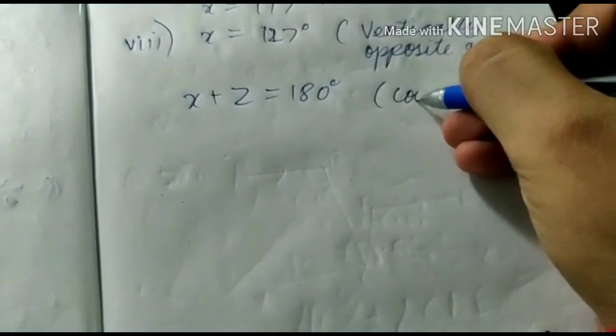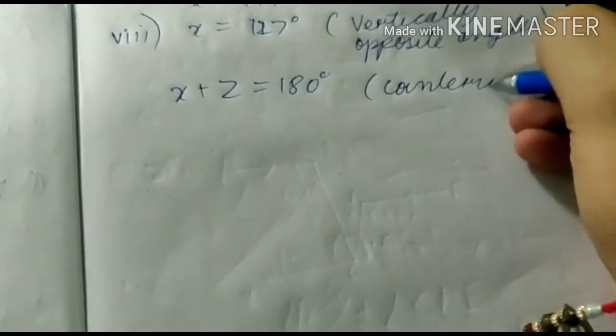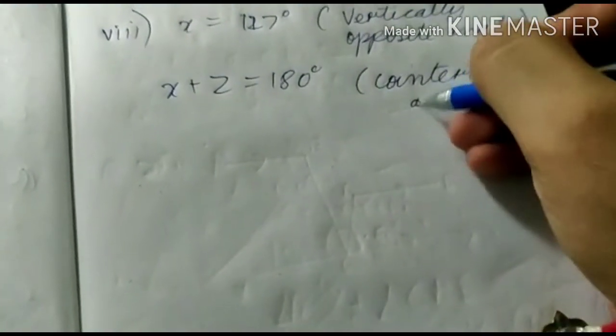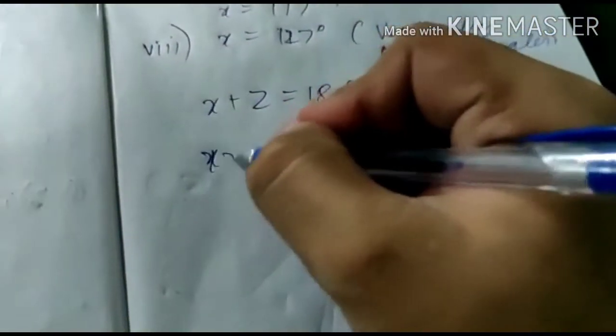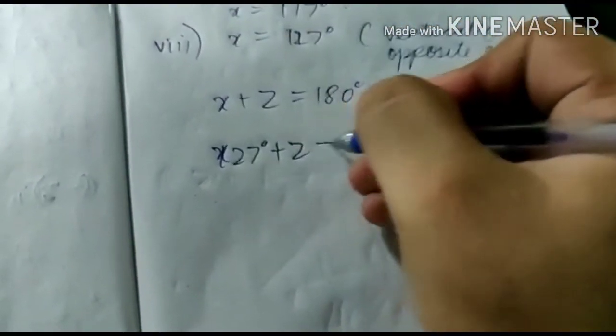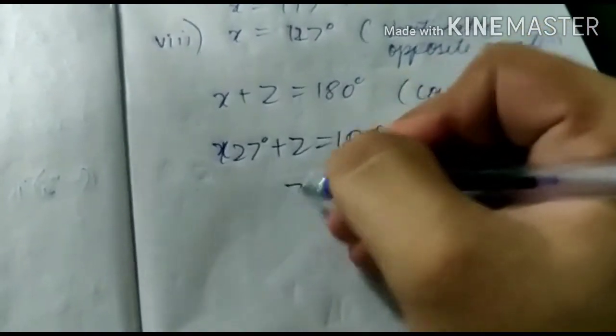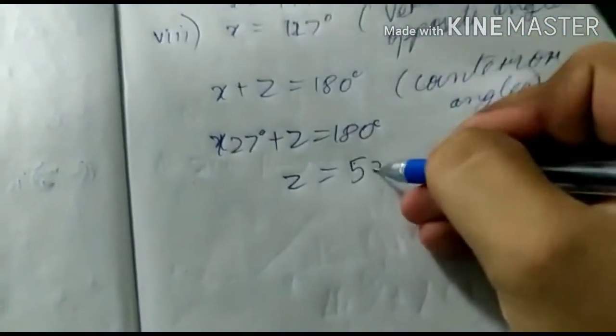They are co-interior angles. So here 127 degrees plus z equals 180 degrees. Here z will be equal to 53 degrees.